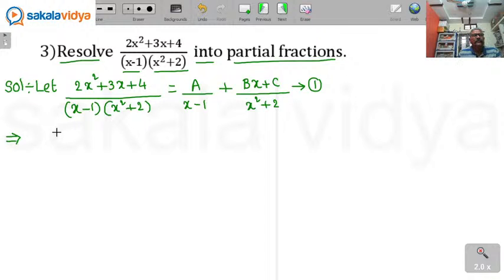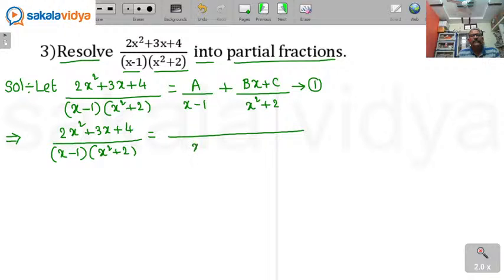So that implies 2x square plus 3x plus 4 upon x minus 1 times x square plus 2 equals, here x minus 1 times x square plus 2. Now x minus 1 gets cancelled. We have a times x square plus 2 plus, x square plus 2 gets cancelled, we have bx plus c into x minus 1.